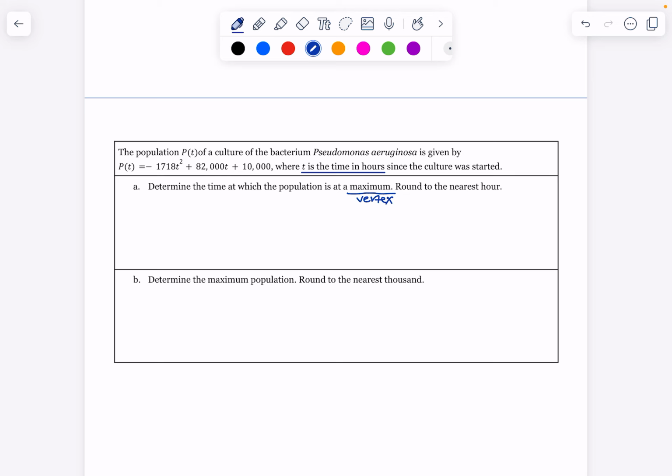Okay, round to the nearest hour. Okay, so because we're given a standard form, we've got A, B, and C. To find the vertex, we're going to do H equals negative B over 2A. That would be negative 82,000 all over negative, 2 times negative 1718.